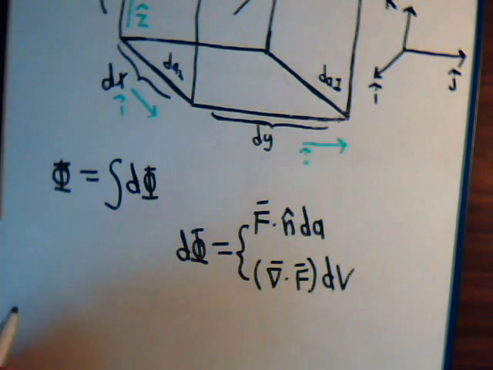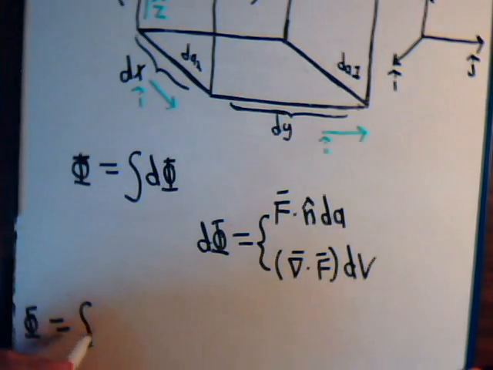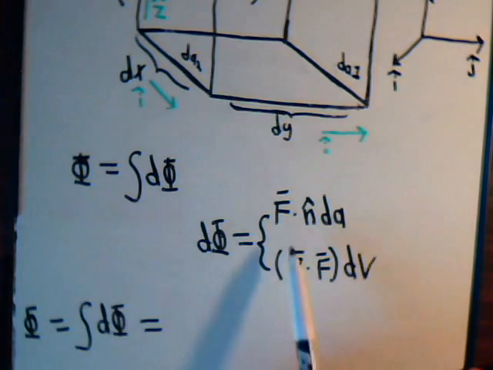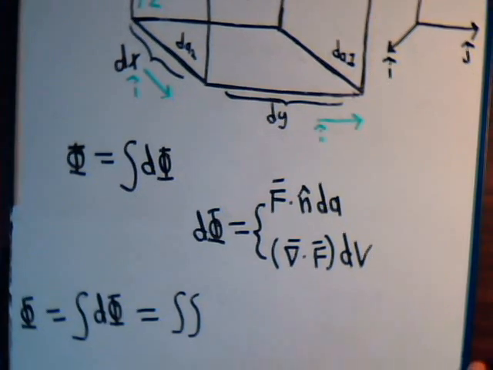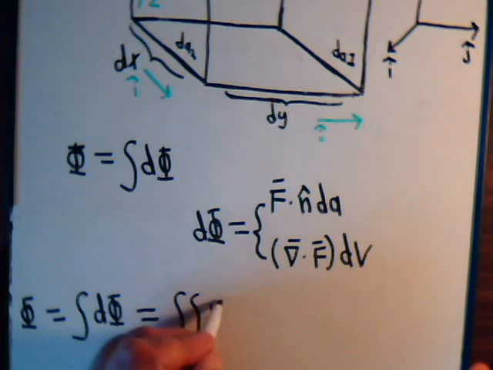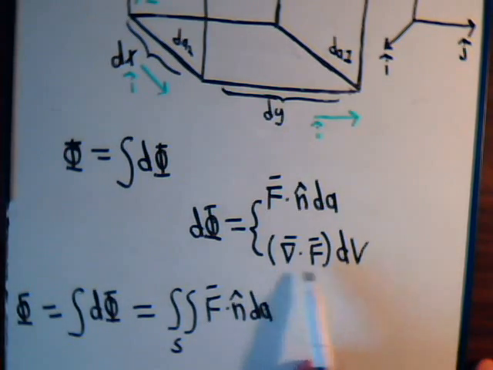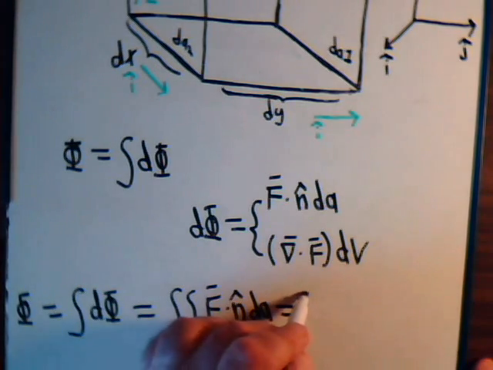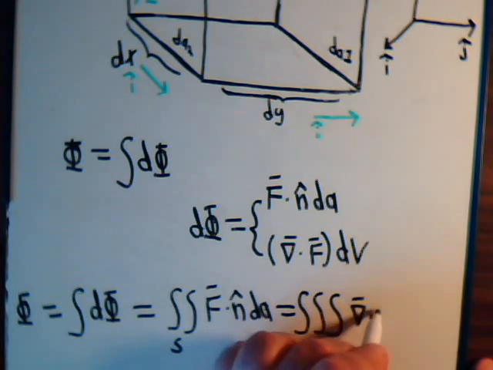So we have psi, which of course is equal to the total flux, which is equal to this, will equal, here it will be a surface integral of F dot n dA, but here will be a volume integral of the divergence of our vector f.